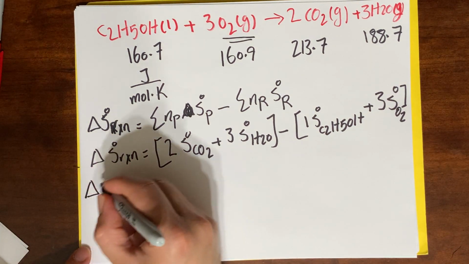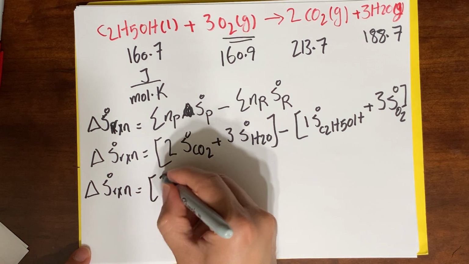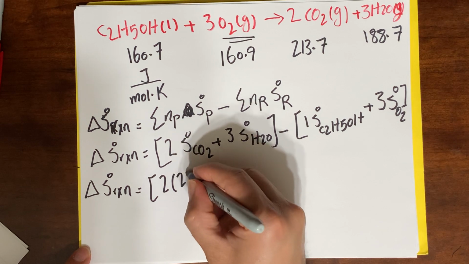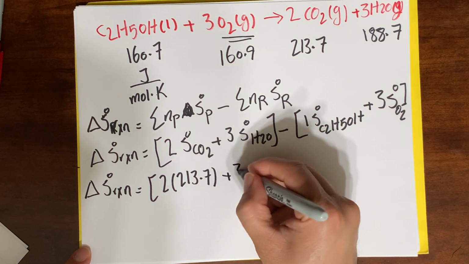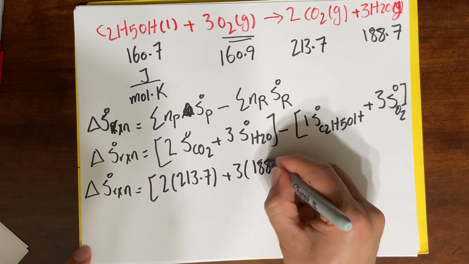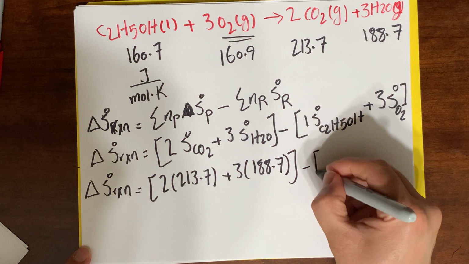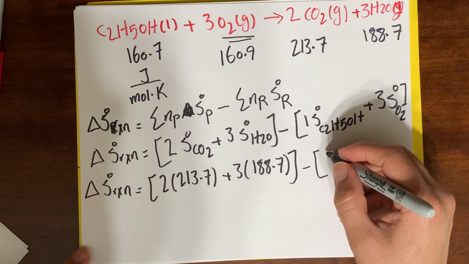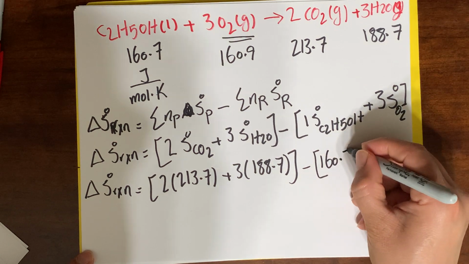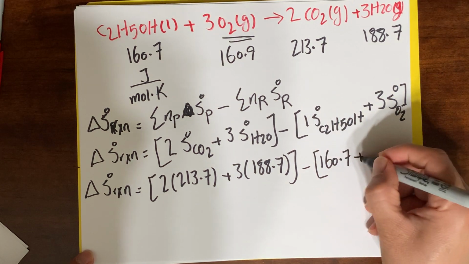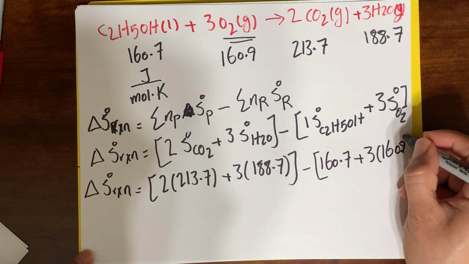So delta S of the reaction will be 2 multiplied by 213.7 plus 3 multiplied by 188.7, minus 160.7 multiplied by 1 plus 3 multiplied by 160.9.